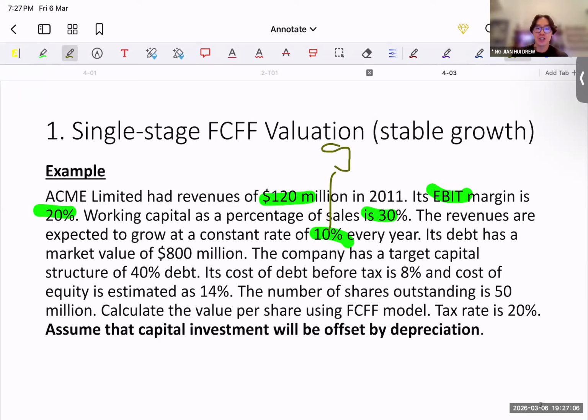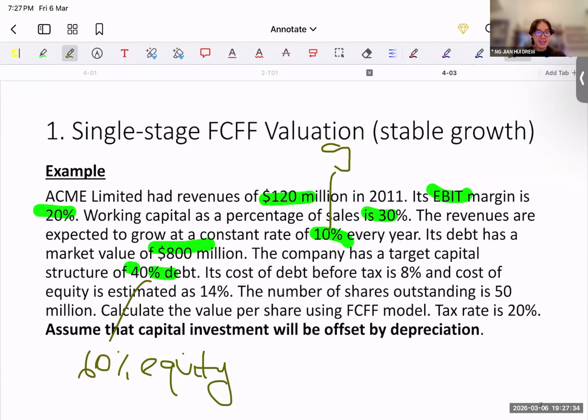Your growth rate g. Its debt has a market value of 800 million. The company has a target capital structure of 40%, so we know the capital structure that they want to achieve, 40% debt, meaning there is 60% equity.